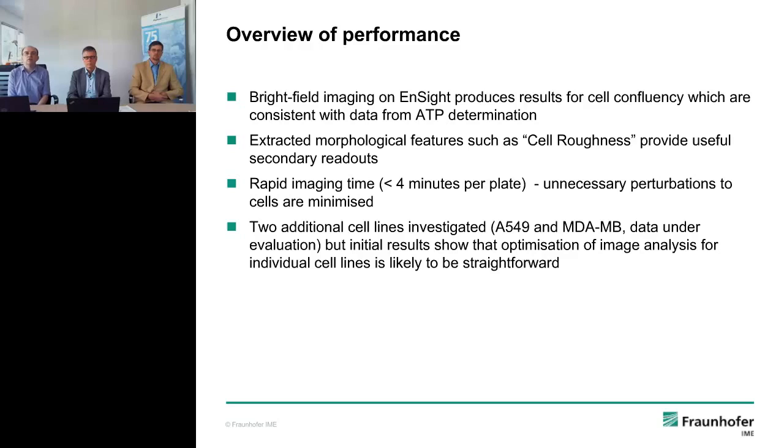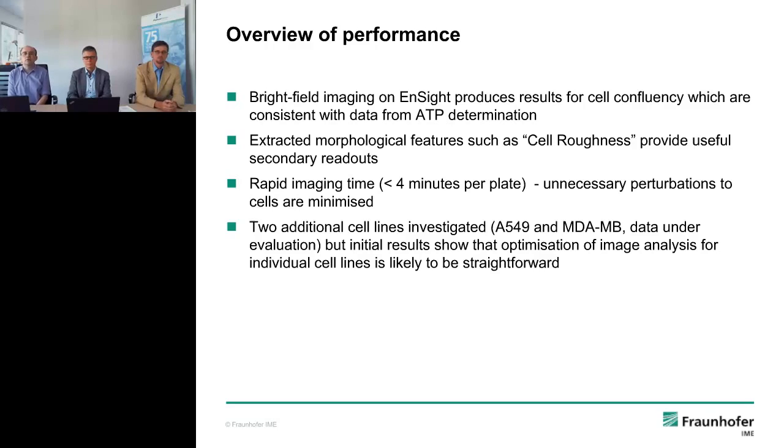We have looked at another couple of cell lines, A549 and MDA-MB. The data is under evaluation there, but I think initial results show that the actual process of optimizing your image analysis algorithms using the tools provided by the PE4 is pretty straightforward. We have 35 cell lines that we'd like to get to a point whereby we can do image-based assessment of cytotoxicity of compounds rather than CellTiter-Glo methods.